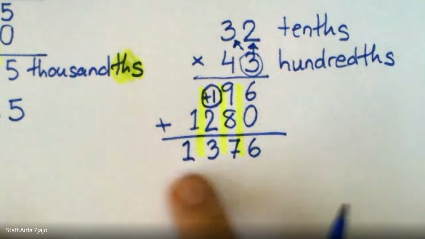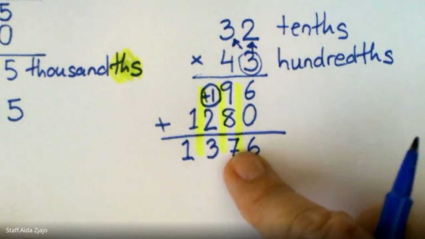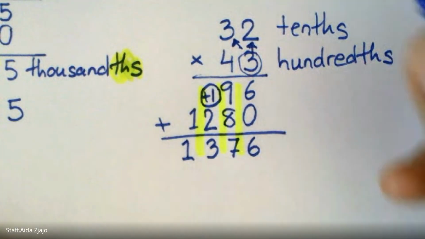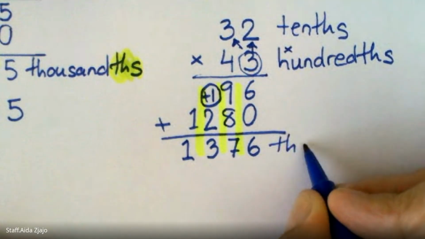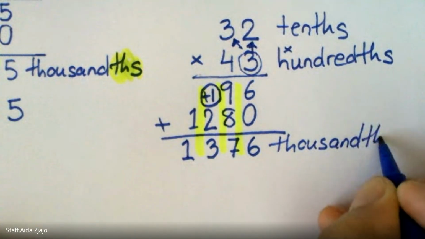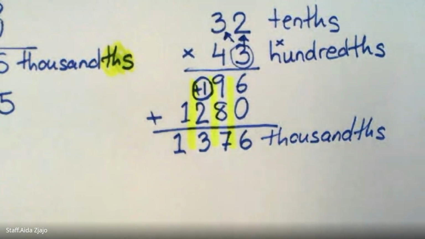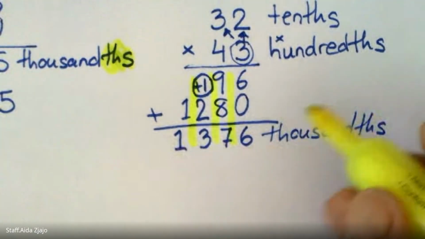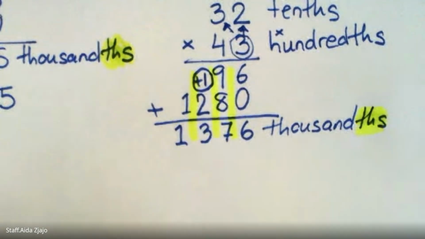So if that is whole numbers, 32 times 43, the answer would be 1,376. But tens times hundreds will give us thousands. So our answer has to be changed from this 1,376,000 into the whole numbers.